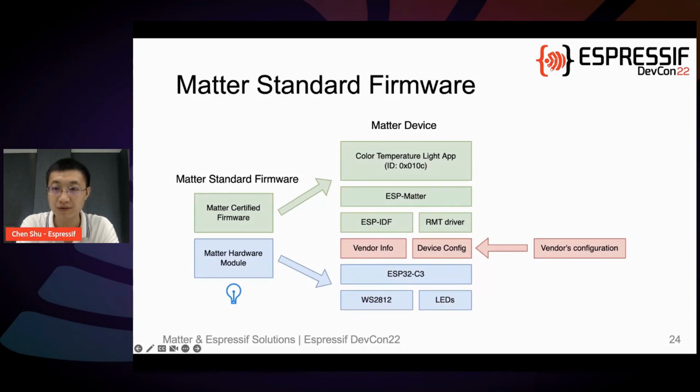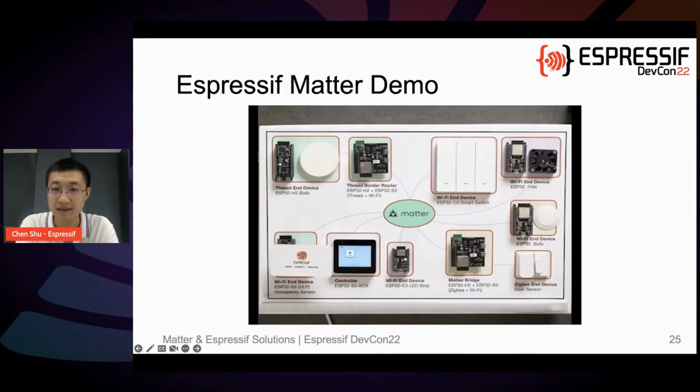Furthermore, we will introduce special modules and product-level firmware for standard Matter devices. Without writing any code, the licensed customers can build standard Matter devices with a simple configuration, which greatly reduces R&D investment. By the end, let's watch a demo video that showcases Espressif's Matter solutions.